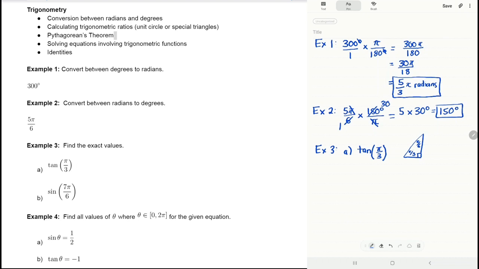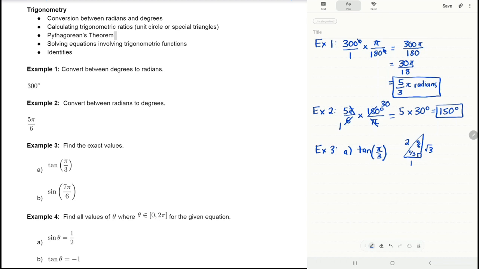So the smaller angle, which is pi over 6, across from this angle is the smallest side, which I will use 1 for. The hypotenuse is going to be 2, and the third side is root 3. So I like to remember this as 1, hypotenuse is 2, and the third side is root 3.